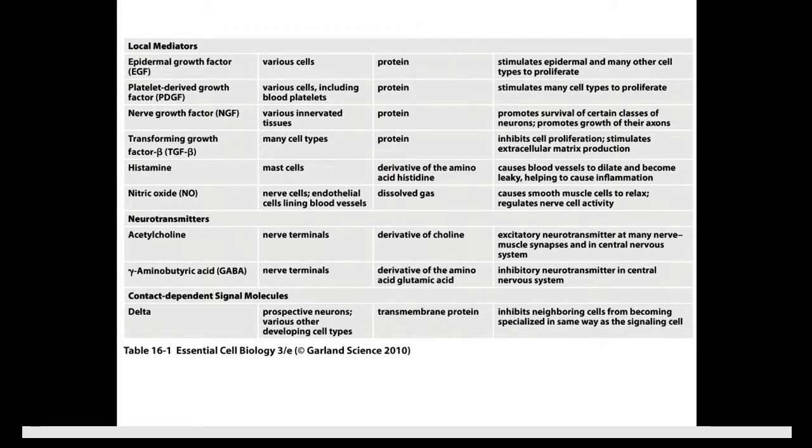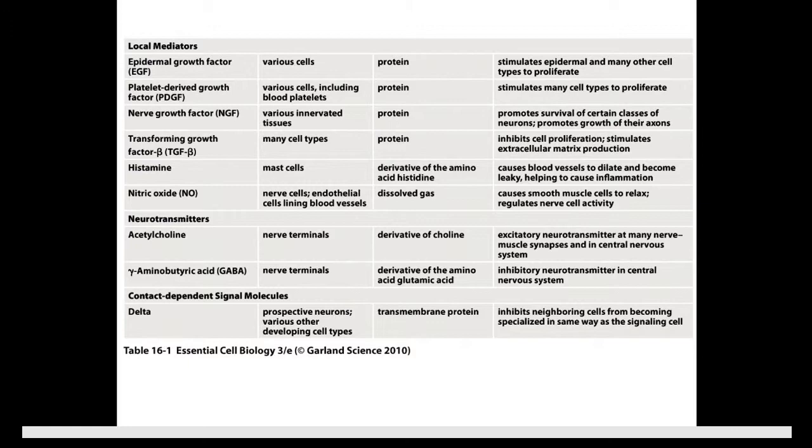It acts as a hormone, causing smooth muscle to relax, and it regulates nerve activity. These are all local modulator hormones in cell signaling. And the neurotransmitter, the cell signaling, right? It's a very important part.